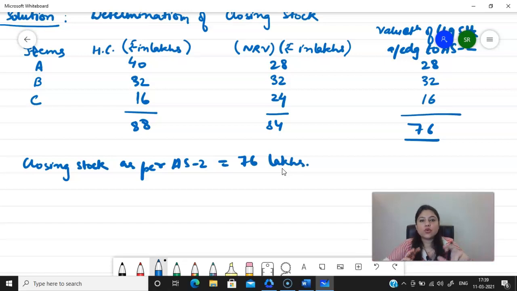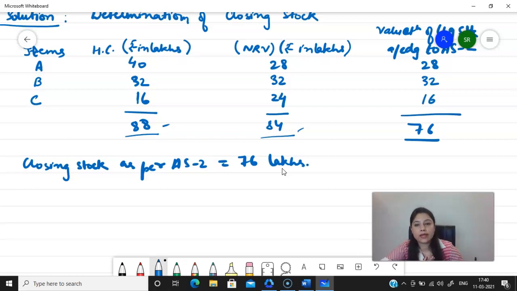Right? Easy. The only thing you have to keep in mind is that you do not commit the mistake of totaling the historical cost first and then totaling the NRV, ascertaining the combined totals of the products, and then out of the total of 88 lakhs and 84 lakhs deciding on the 84 lakhs.